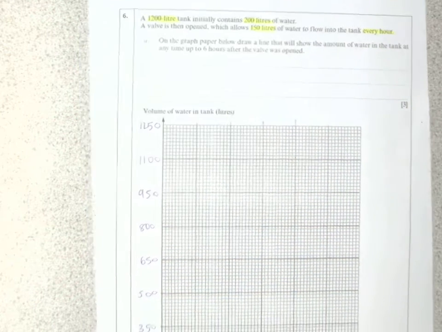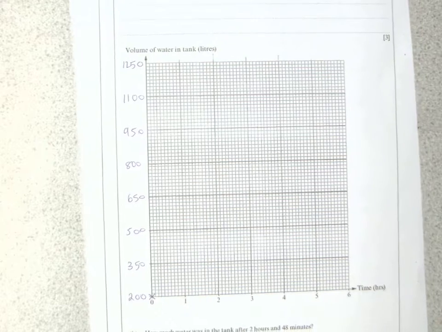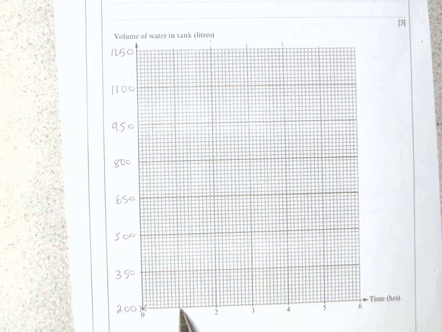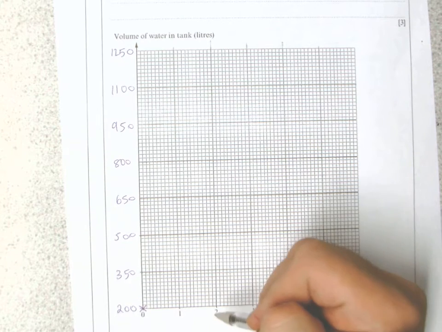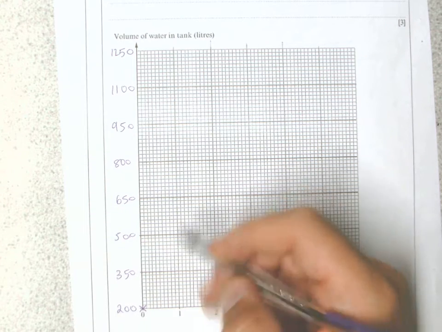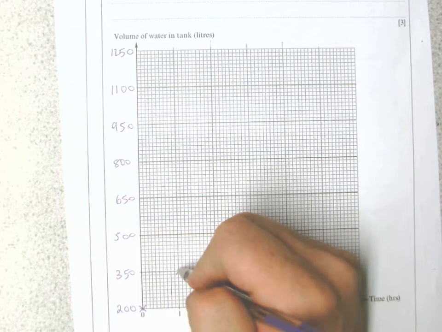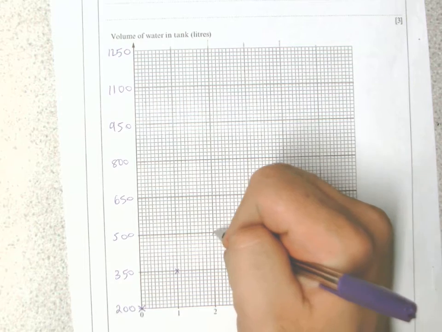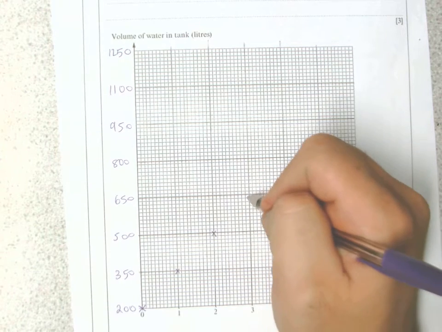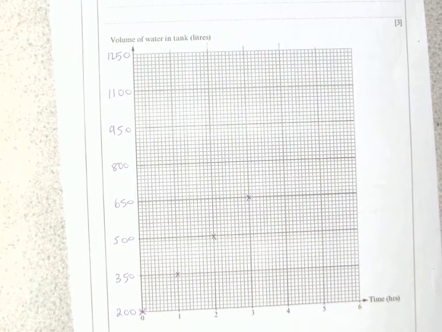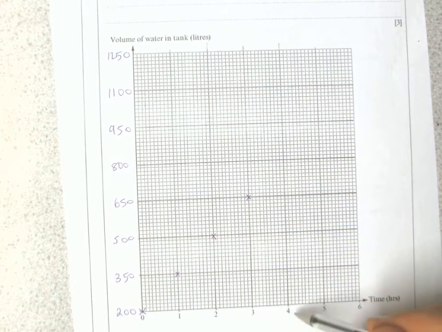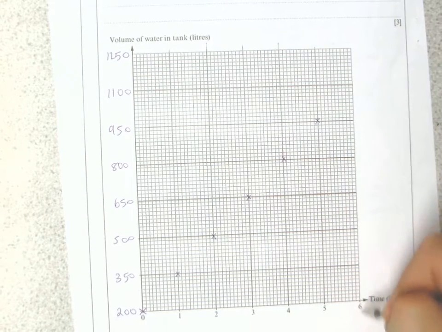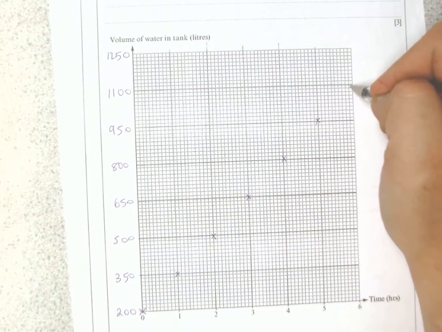So after 1 hour, we'll have 150 added to the 200, so we're going to be here. After 2 hours we'll have another 150, so that will take us to 500, then 3 hours, and so on. You can see what's going to go on, and we'll have a line there, we can keep going: 4 hours 800, 5 hours 950, and 6 hours 1100.